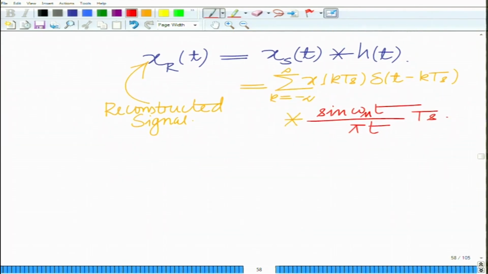Of course, you can also note that we can choose the sampling frequency equal to twice the maximum frequency, that is the Nyquist rate.